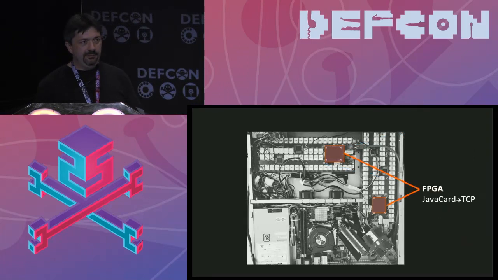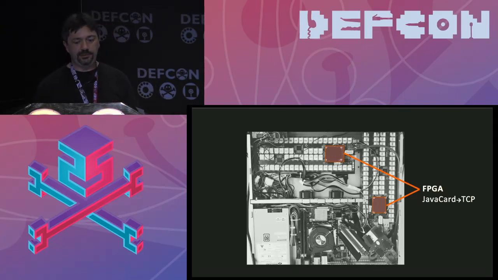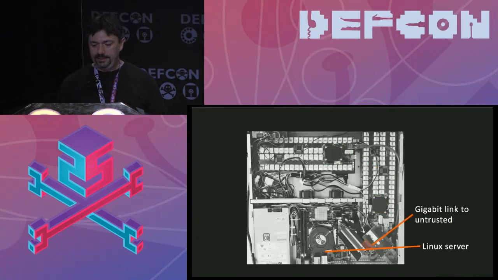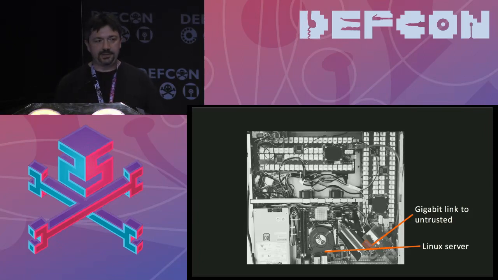We have an FPGA that connects the Java cards, and we use a serial protocol to talk to the Java cards and translate it into TCP packets. Then you have an internal network hub and a main Linux server that runs an untrusted RESTful server that allows connectivity to the outside.